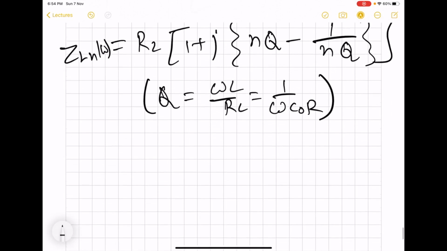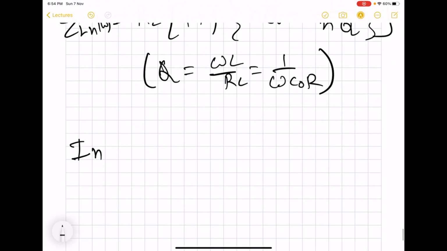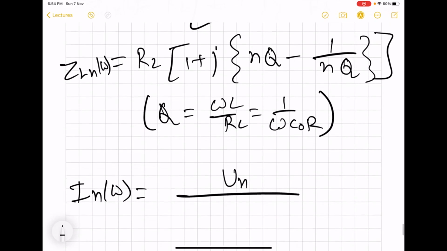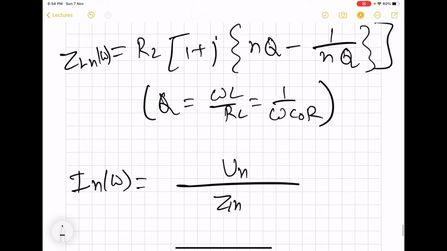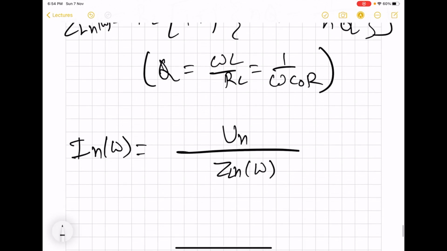So now if we want to know the nth harmonic current, we need to divide the nth harmonic amplitude by this nth harmonic impedance.